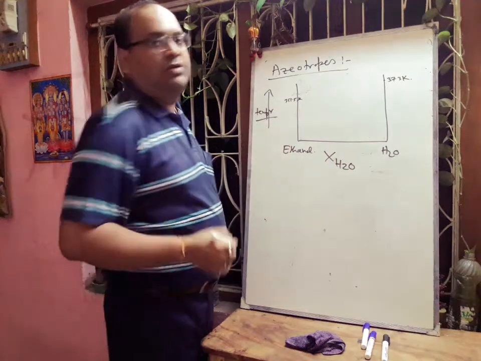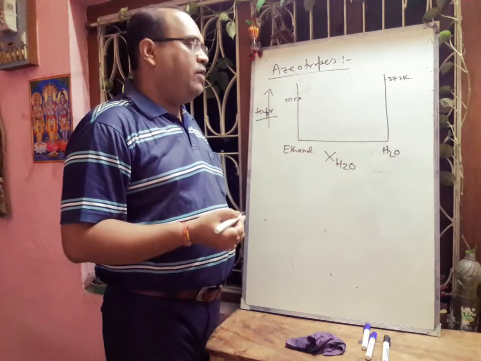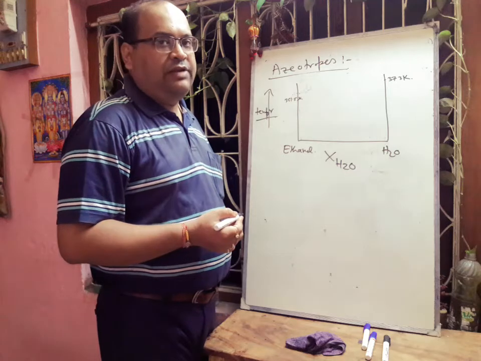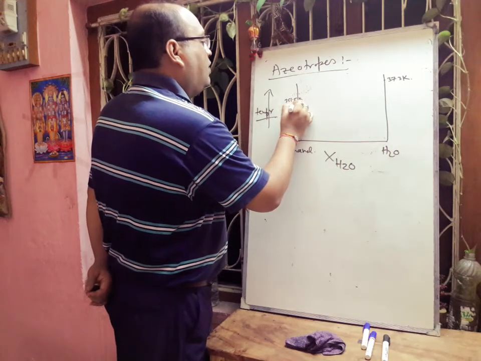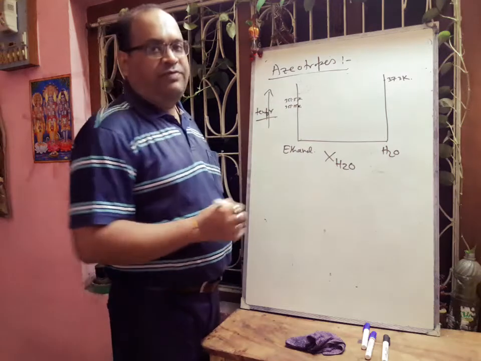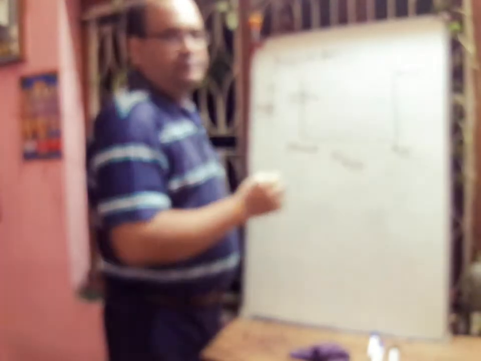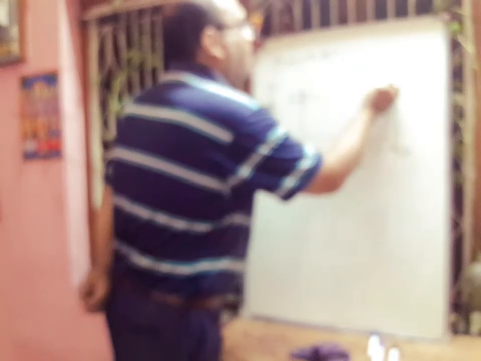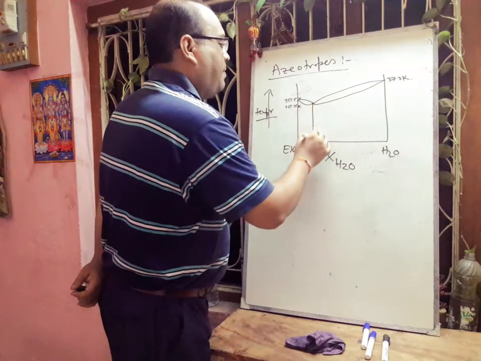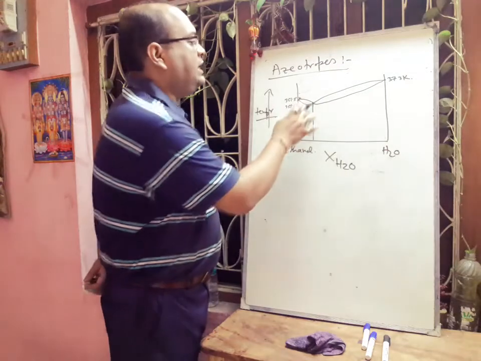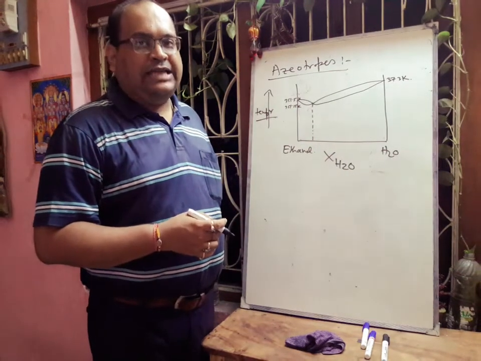Now the azeotrope boiling point we have just told you will be 351.15 Kelvin. So if we draw the graph, then we will get a curve like this. And this is indicating the azeotropic composition.